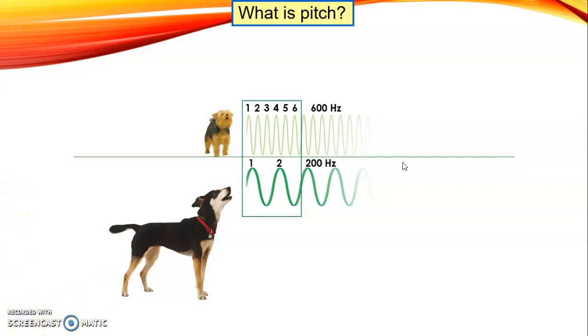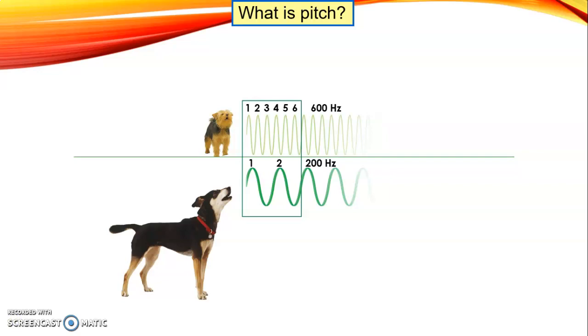So look at the picture, and I wanted you to tell me who is barking loudest. The little dog or the big dog? Who's barking loudest? Check the frequency. Did you know what it stands for? Tell me.